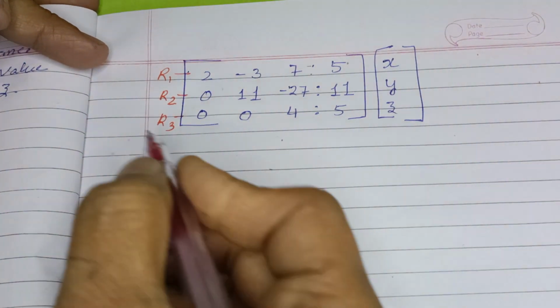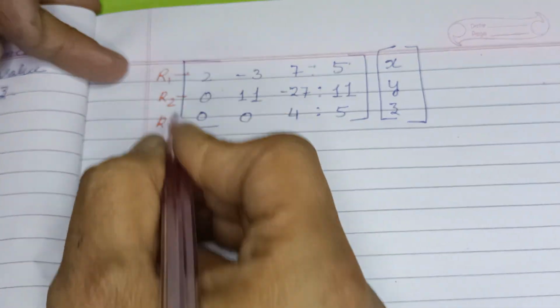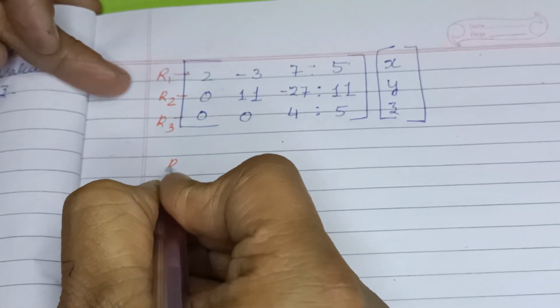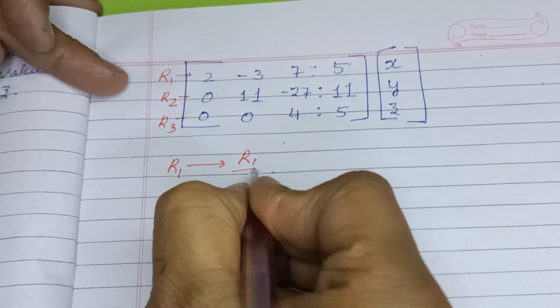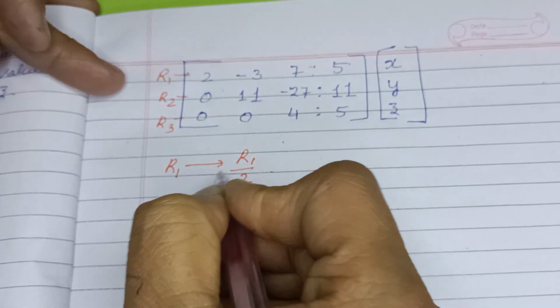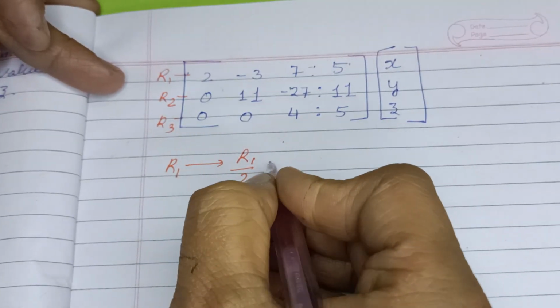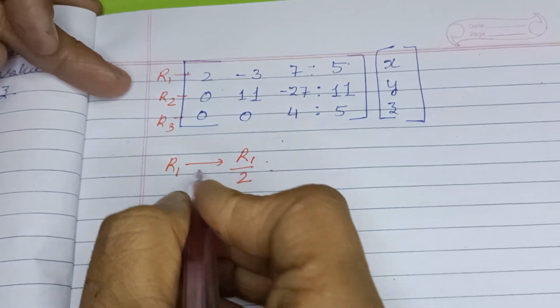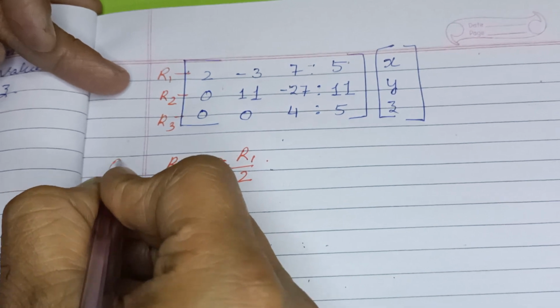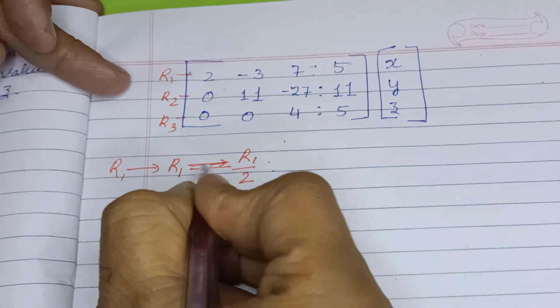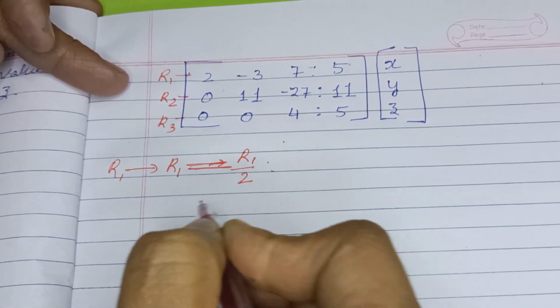Now I work with R1. Simply R1 is equal to R1 by 2.